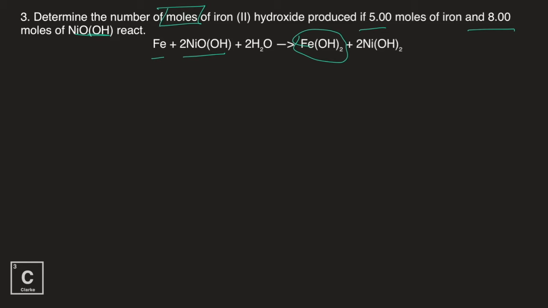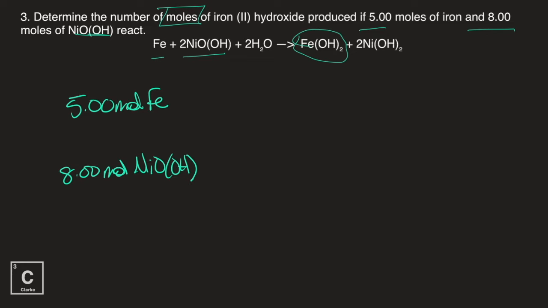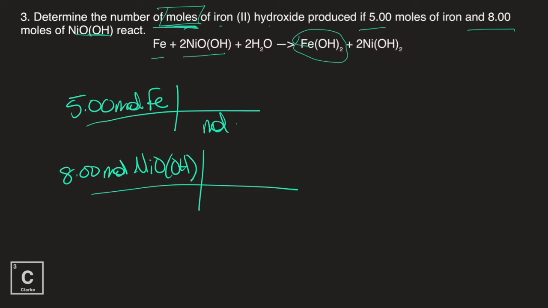So we're going to start our problem with 5 moles of iron, and then we have 8 moles of nickel oxide hydroxide. And we're only asked about moles of iron 2 hydroxide. So let's keep that in mind. What's on top comes on bottom, moles of iron. The first time you put mole on bottom, you put mole on top. We want to know about iron 2 hydroxide, moles, equal sign.